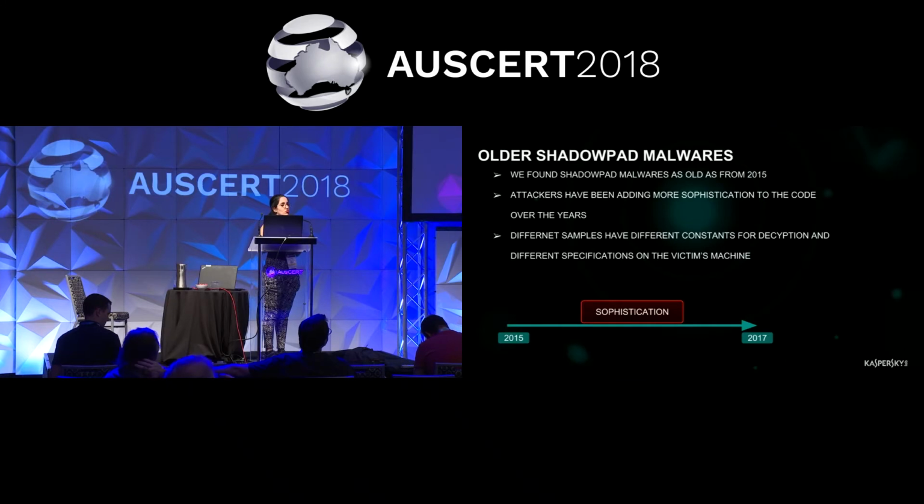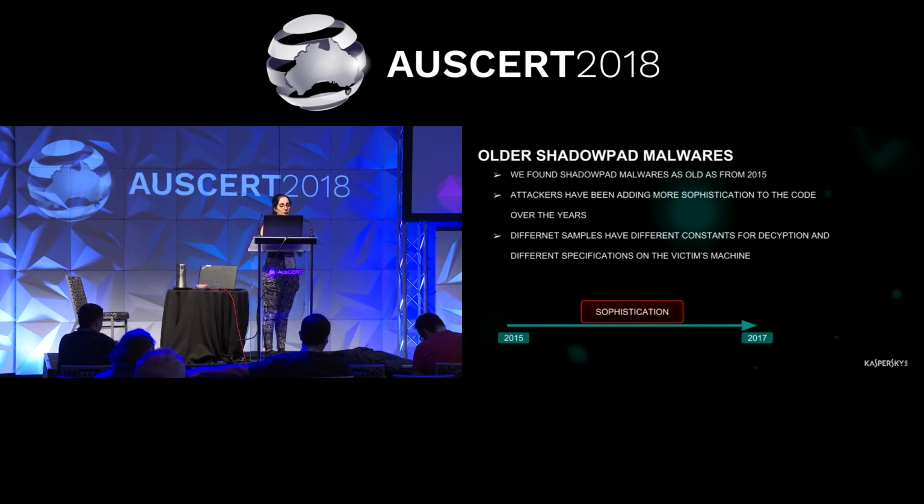So what we also found were some samples from the similar threat actor of the Shadowpad attacks, which were compiled in 2015. It means that it has been going on for at least 2-3 years, if you count 2018 as well, because I don't think the amount of resources, time, and money that has been spent on developing this platform is going to be stopped.